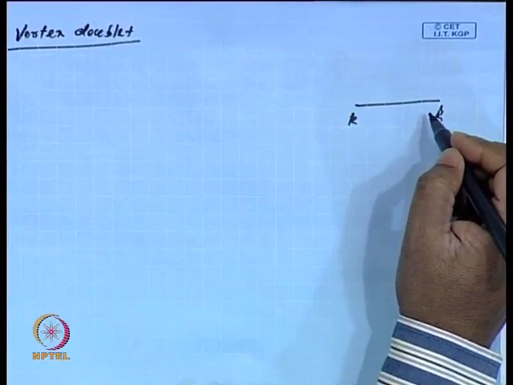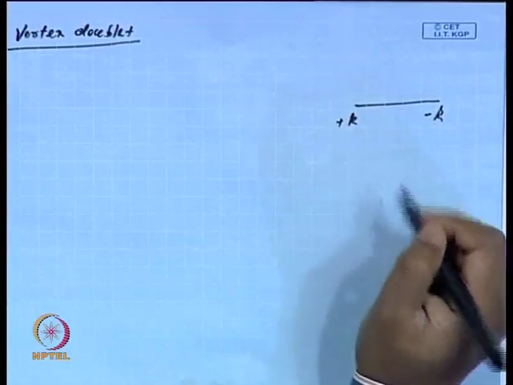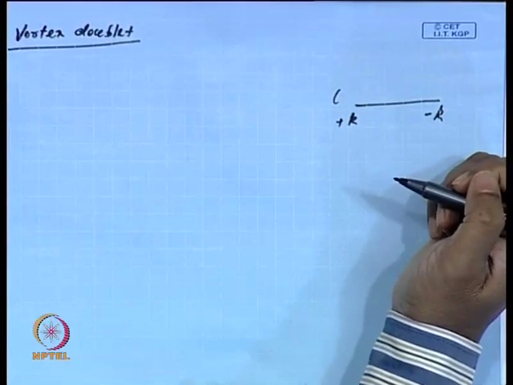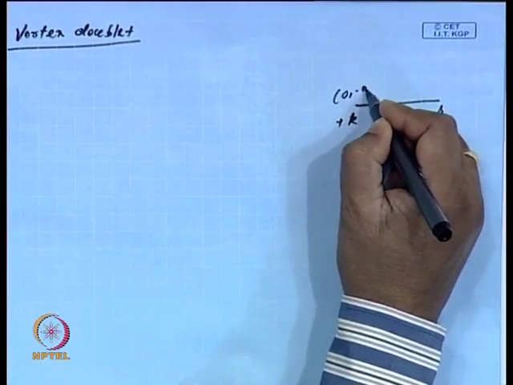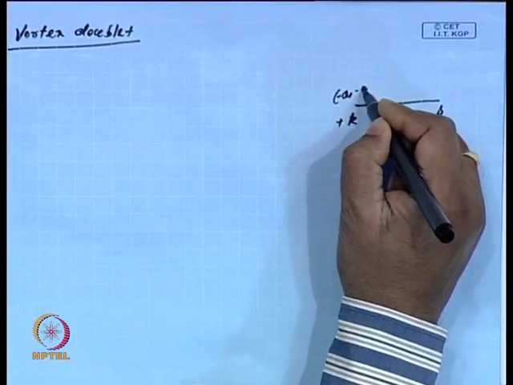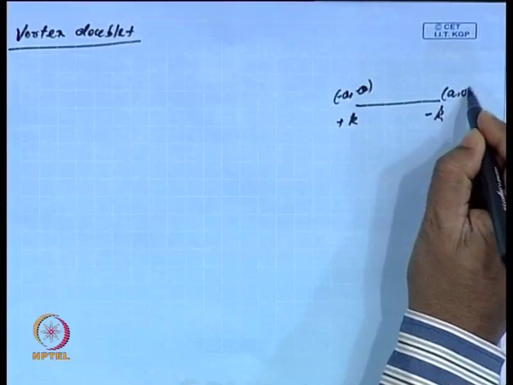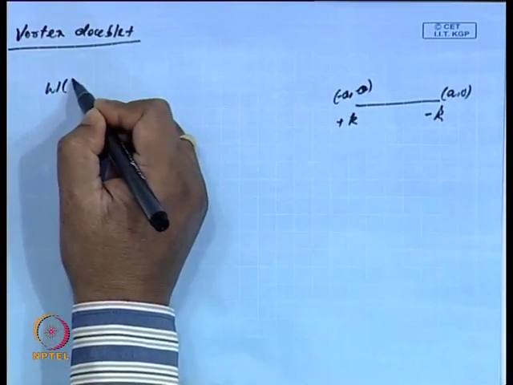The one with strength plus k is located at minus a, 0, and the other is at the point a, 0. Then what will happen to the w z?